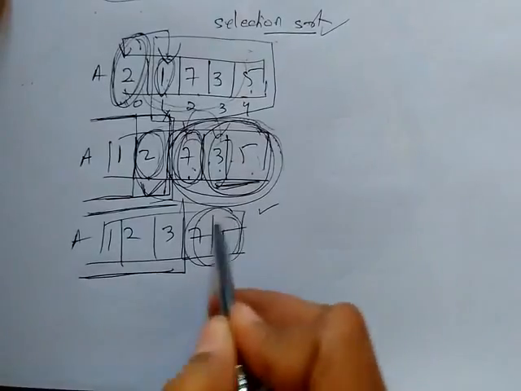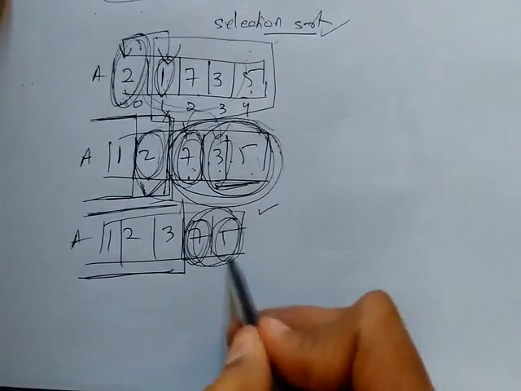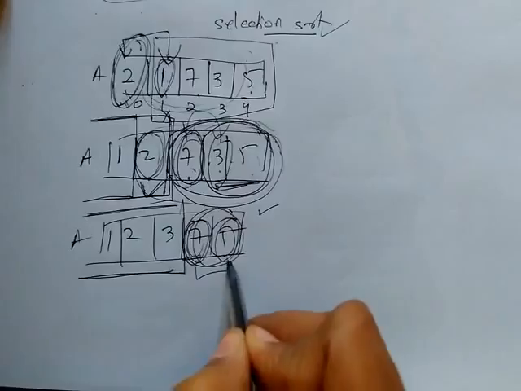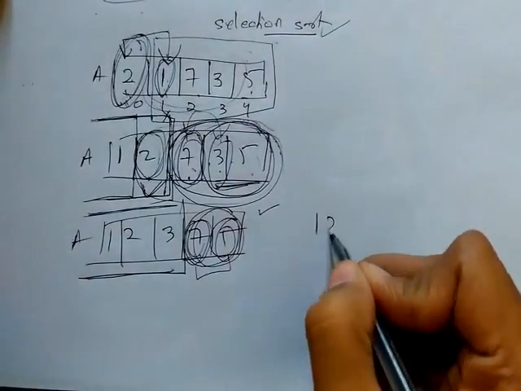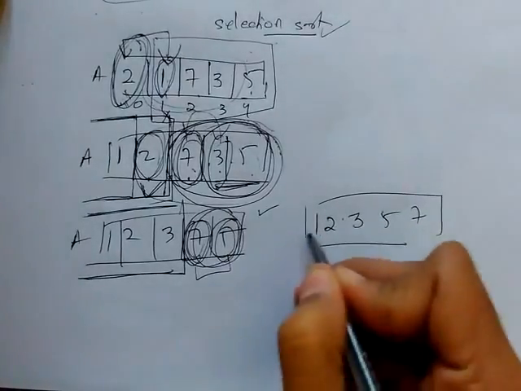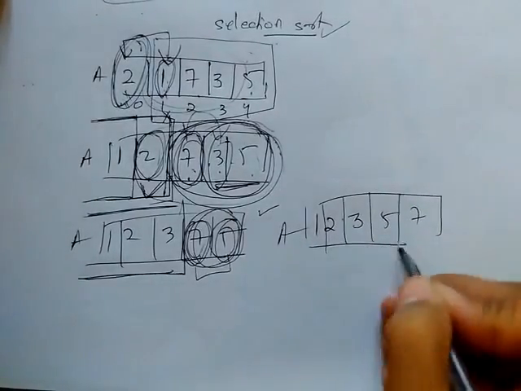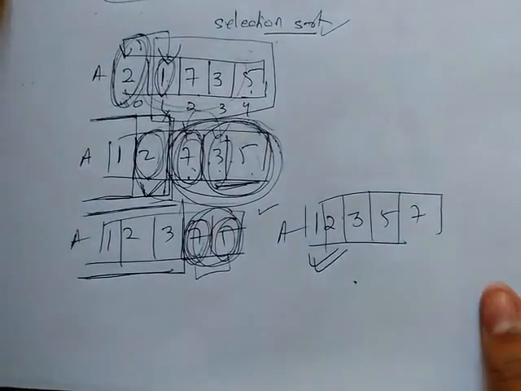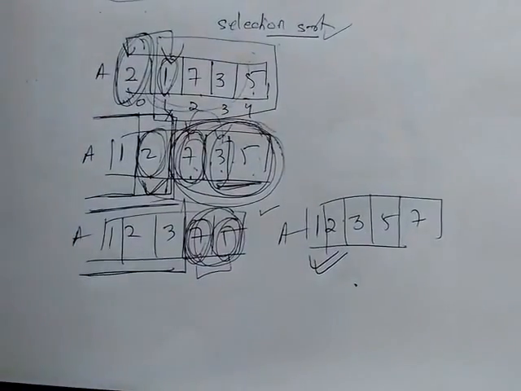Now with respect to 7, 5 is smaller, and we will swap these, and our array will be 5, 7, and it's sorted. And yes, we sorted the array.